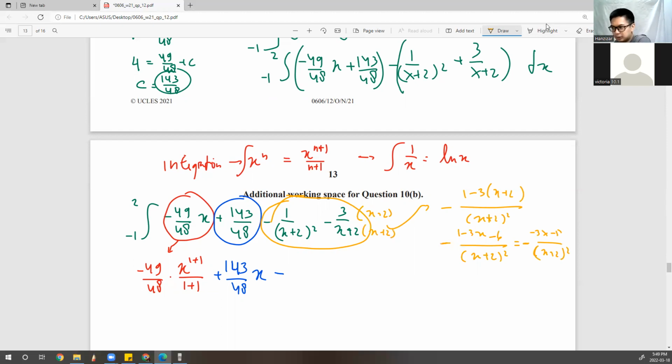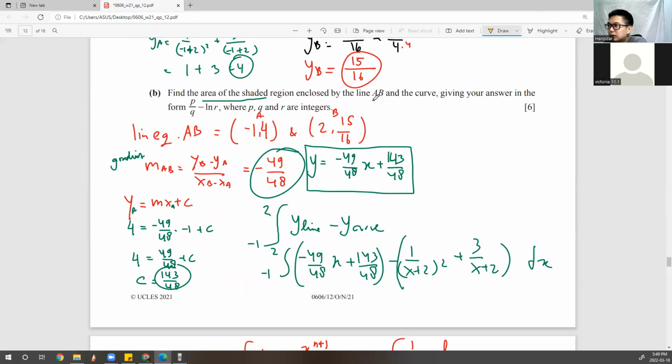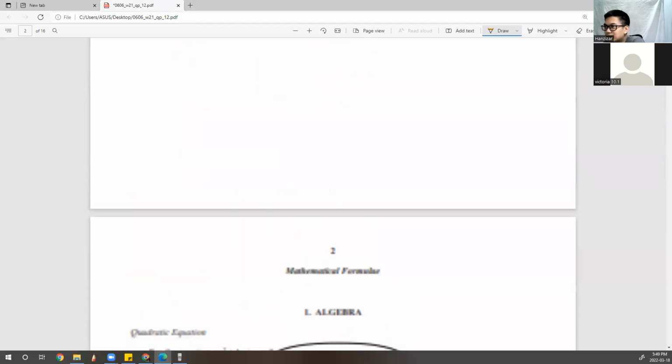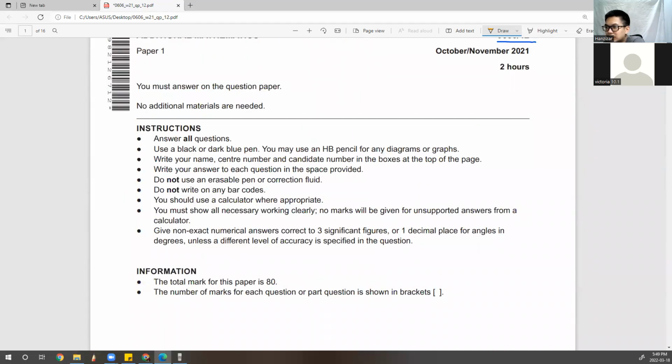I have no idea. Wait, does it say we're allowed to use calculators? Because it says no additional materials, so we're not using calculators. No, you have to use a calculator, of course. Because at the start of the paper, it says you don't need other materials. Yeah, no additional materials. Oh, okay.